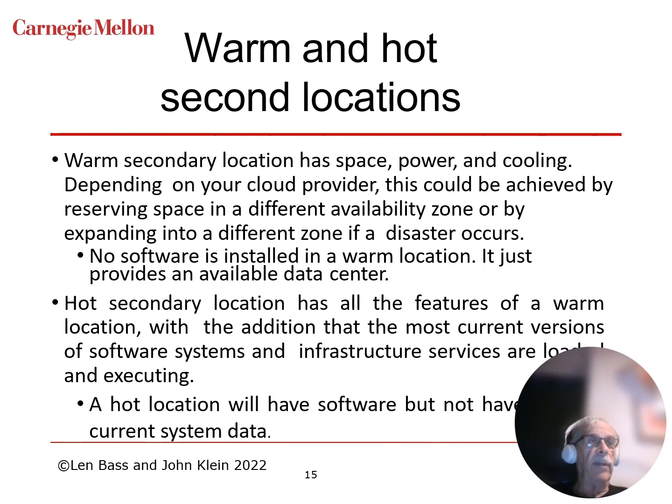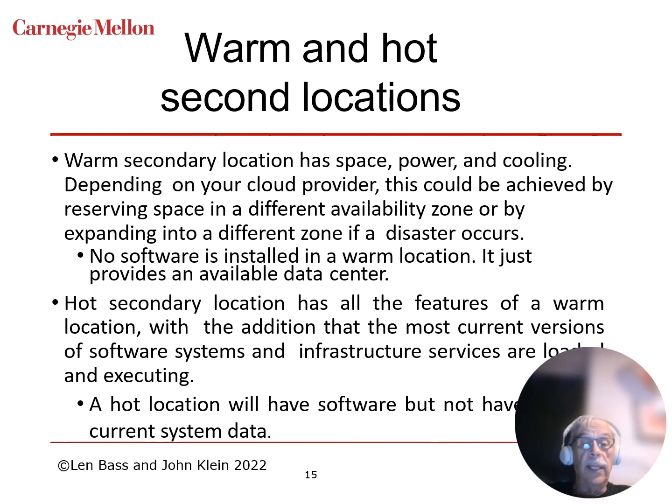And if a disaster occurs, then you would activate that, and presumably the other organizations would not. The secondary location has a hot secondary location. That's a warm secondary location. A hot secondary location is a warm secondary location with all the software loaded.